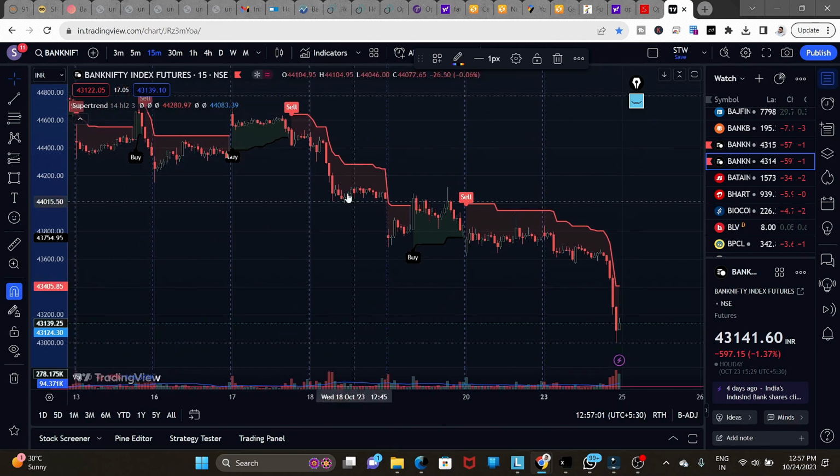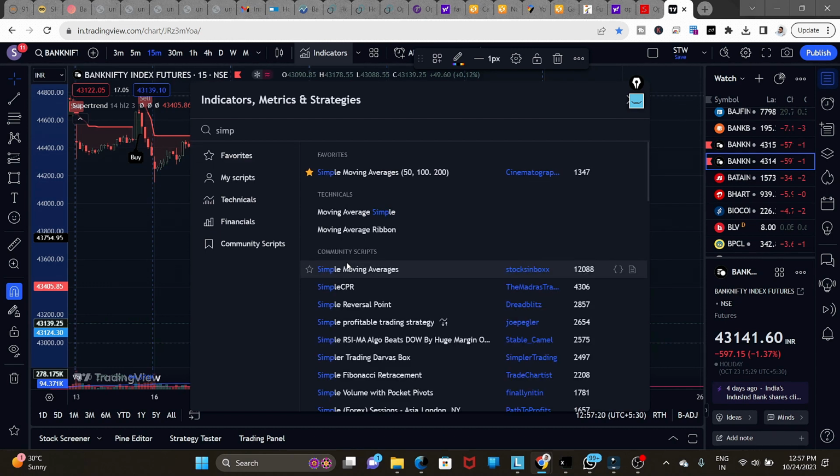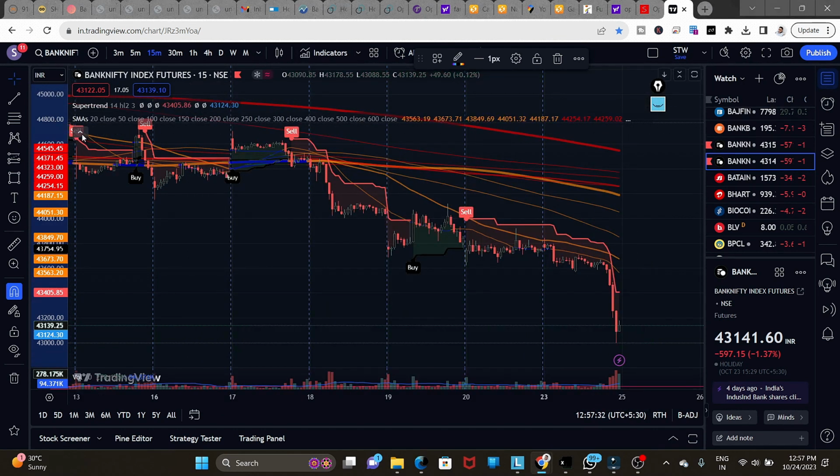So if you want to simply catch the trend, always put up a simple indicator like this and maybe add a 200 period moving average. Let me show you how to do that. Just add simple moving average. Only moving average.